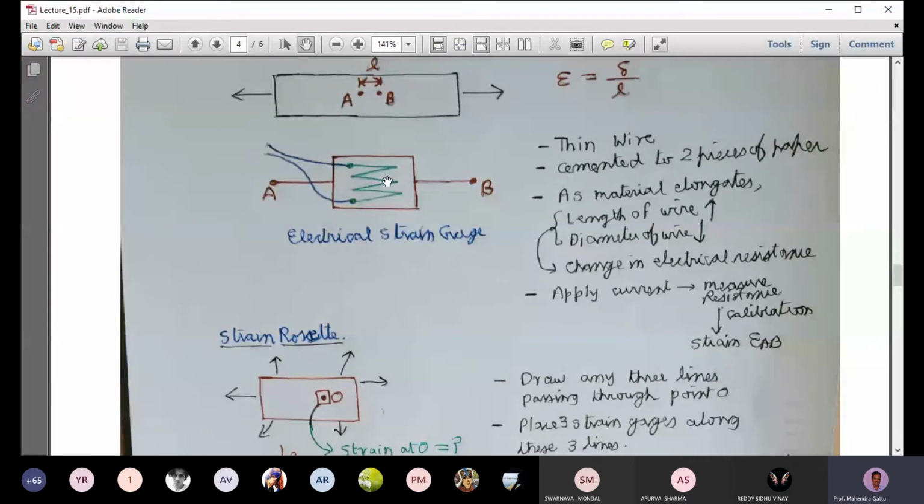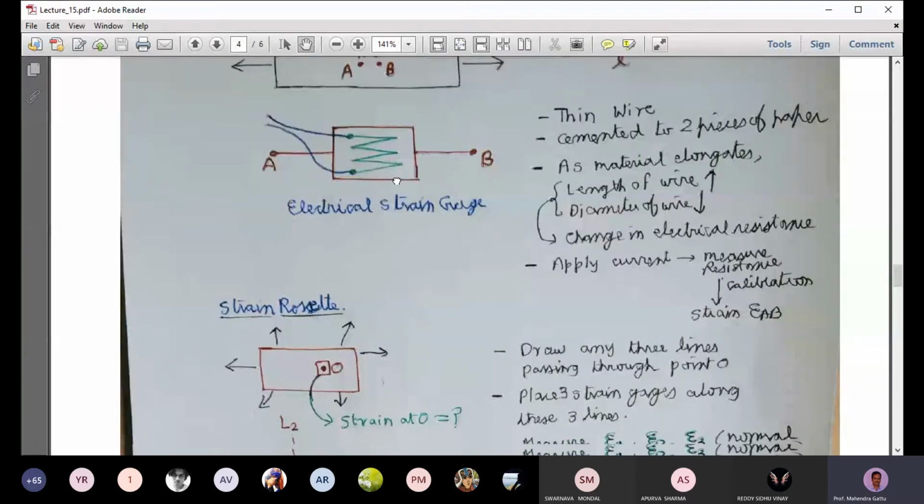By measuring this change in electrical resistance, we can calculate the corresponding elongations or shortening. First we have to do a calibration, and based on that, whatever change in electrical resistance there is, we can calculate the corresponding strains. So this is regarding the electrical strain gauge.